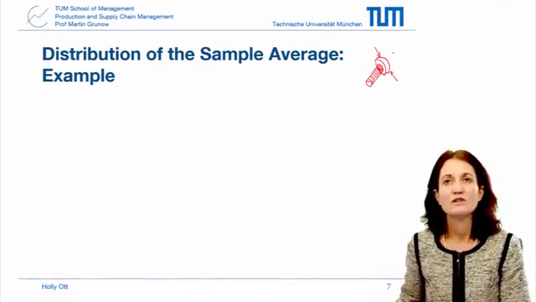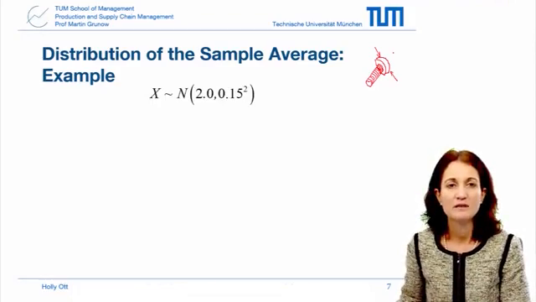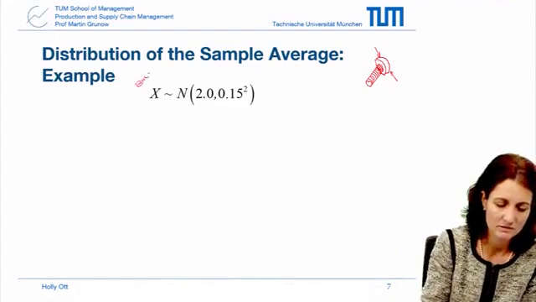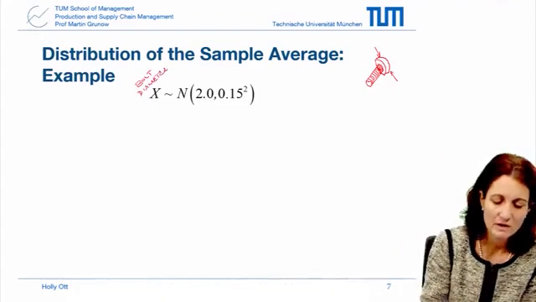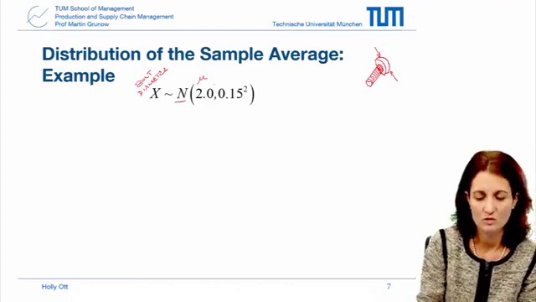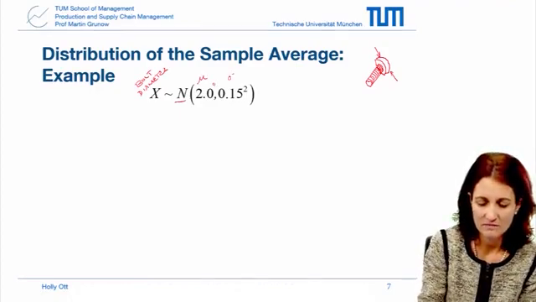Let's start. We have x, our random variable, is going to be the diameter of the bolts. We know it's normally distributed with a mean equal to 2 inches and a standard deviation equal to 0.15 inches.